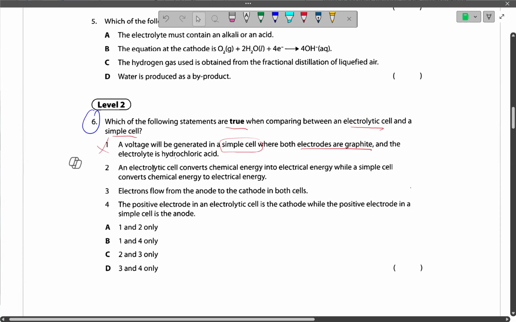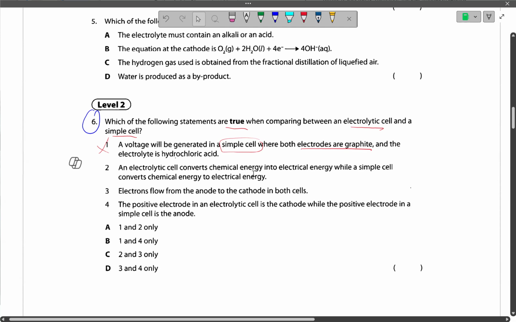Electrolytic cell. Now, this is not a simple cell anymore. The statement says the electrolytic cell converts chemical into electrical energy, while the simple cell converts chemical into electrical, and this is true. In a simple cell, the more reactive metal is oxidized, and the chemical potential energy in the metal is converted to the electrons that move in the external circuit, so electrical energy.